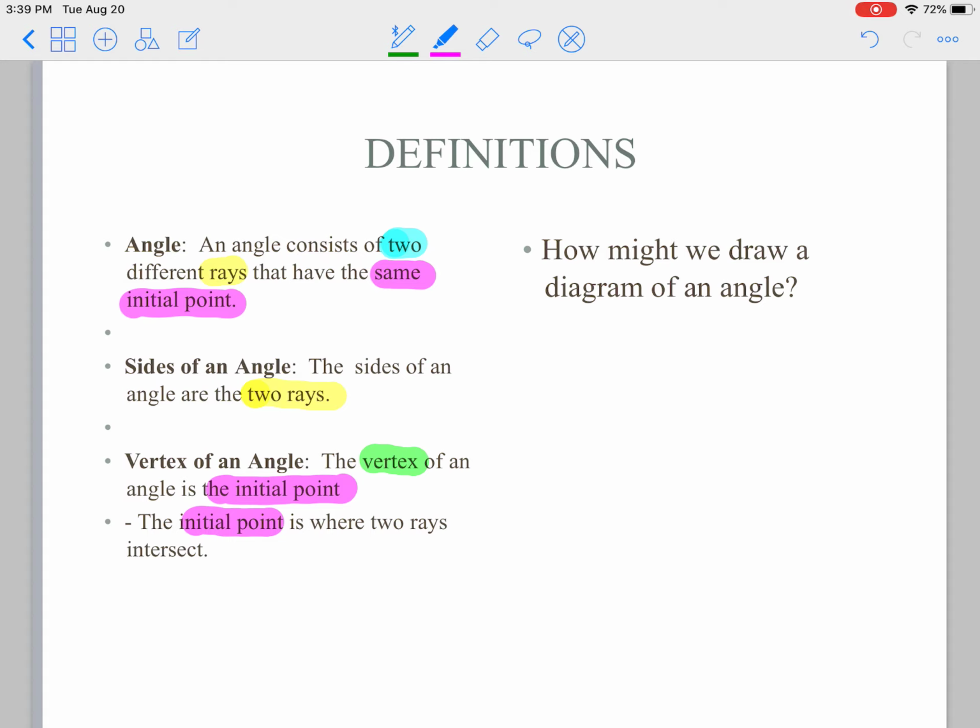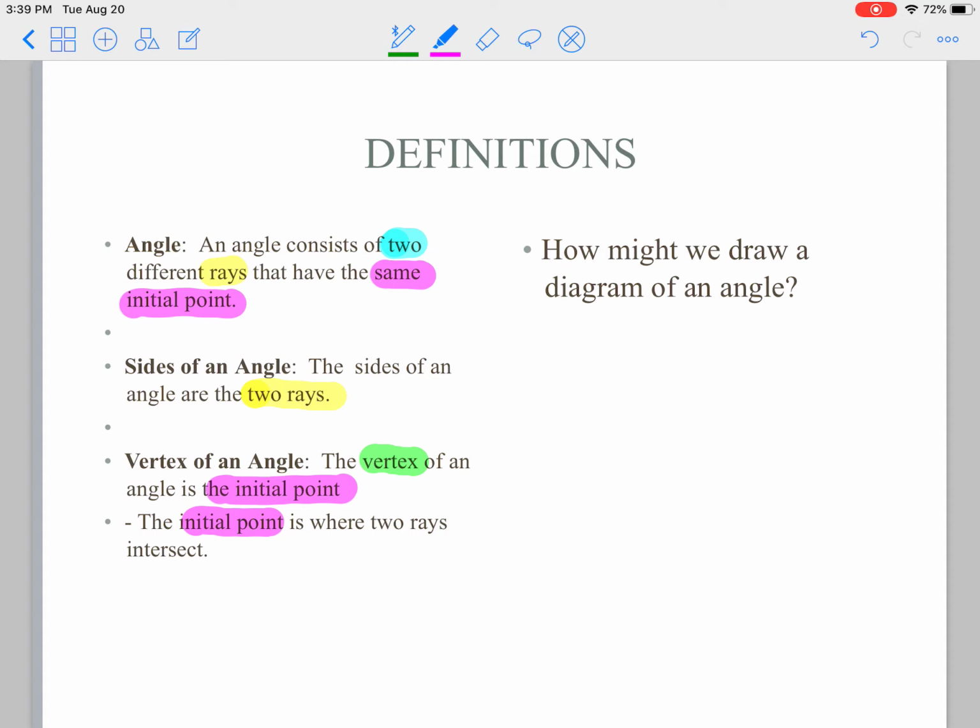Immediately, we can see the importance of remembering and understanding the terminology. From Unit 1.2, we have the terminology of rays and initial point. If you are not familiar with that terminology, you'll have difficulty in understanding the definition of angle. Once again, with sides of an angle, we have the terminology of rays.